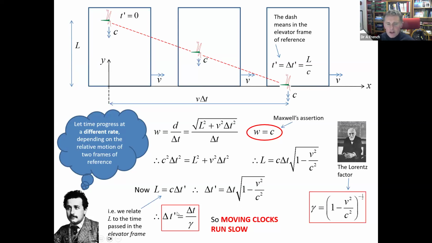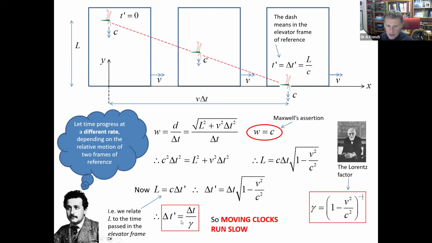So we have our first special relativity result, and that is that the time elapsed in the moving frame, if you like, the glass elevator, is the time elapsed in the laboratory frame, which is stationary relative to the elevator, divided by this gamma factor. So moving clocks run slow, all right?